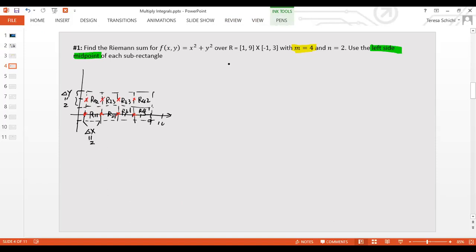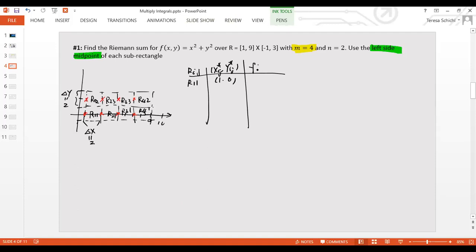After that, basically you just put it in a table. This is a little tedious. So these are the Rij's. Let's do a few. For R11, what are your xi star and yi star? Because it's R11, I'm looking for the midpoint. What is the midpoint here? It's 1, 0.